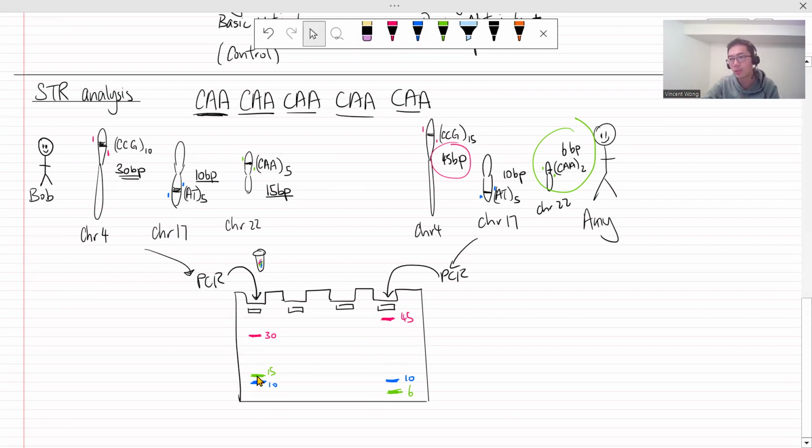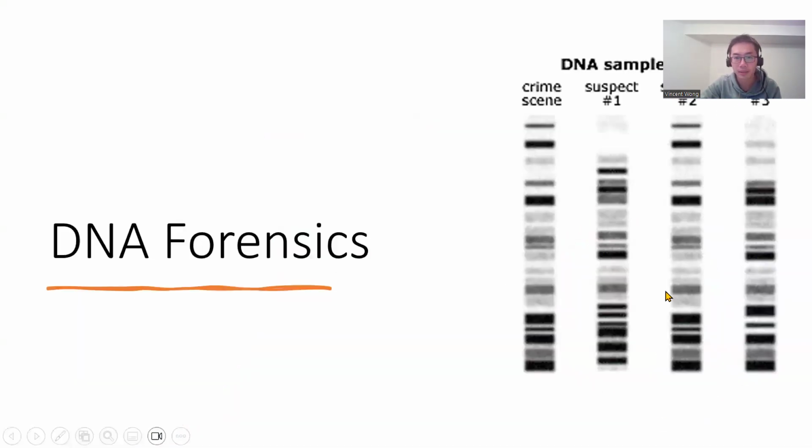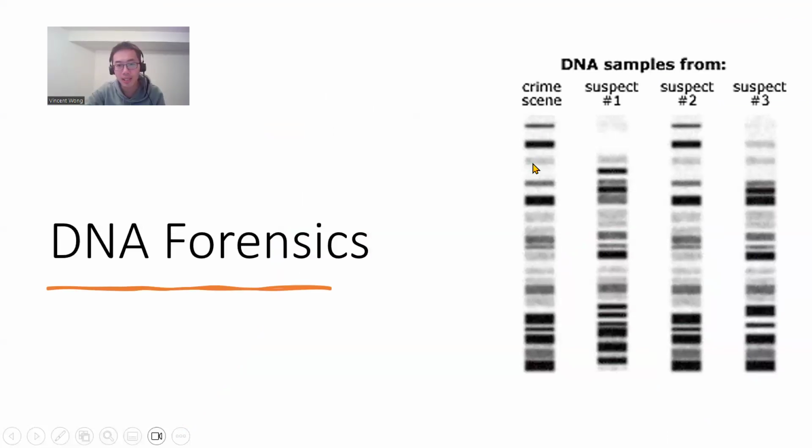But when we actually do this, we don't just do 3 STRs, we do as many as possible. So you're going to get many, many bands like this. So this is the DNA recovered from a crime scene. This is the DNA sample from suspect 1, 2, 3. And then you look at the STR banding.